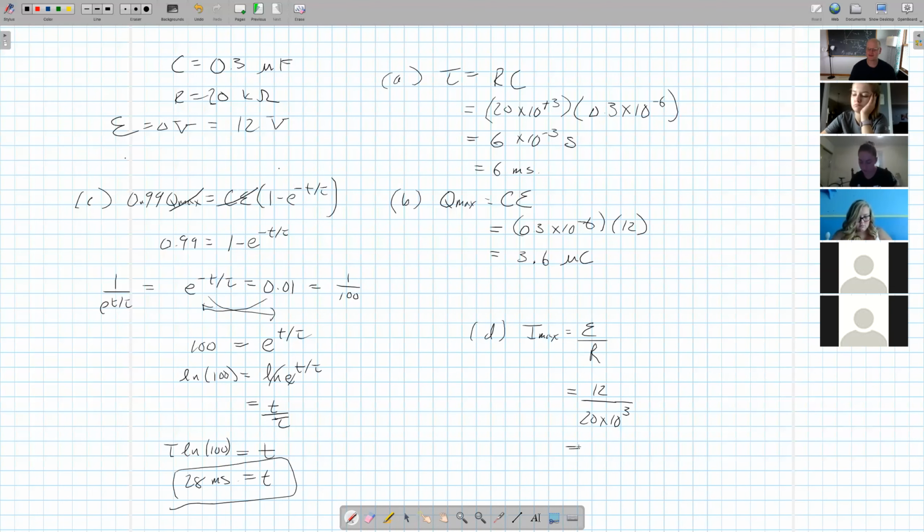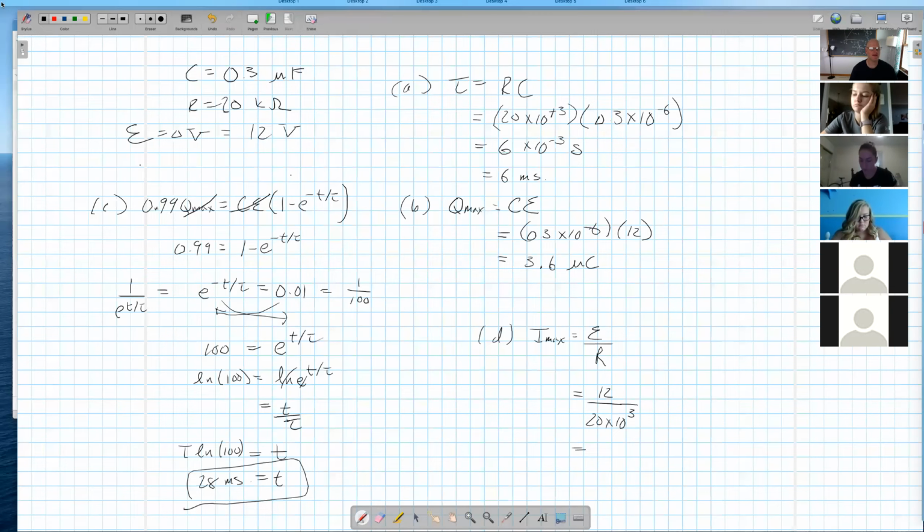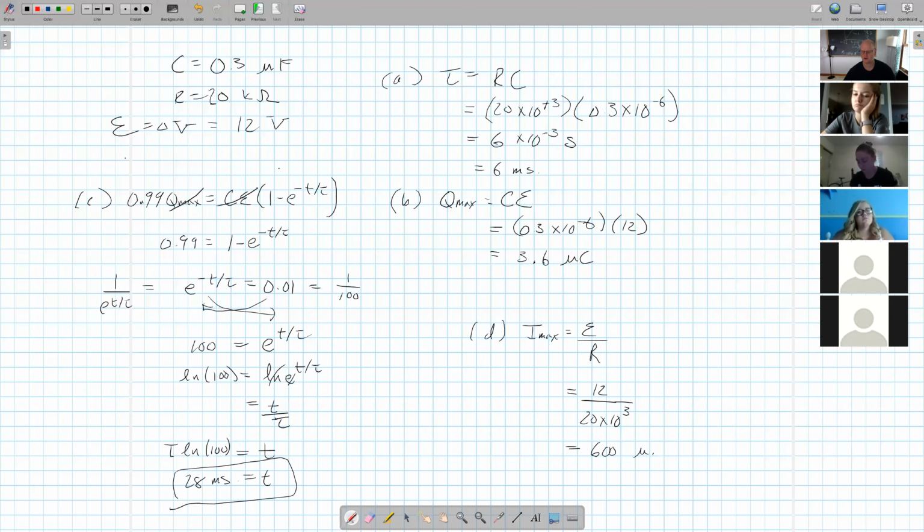So our maximum is then going to be about 600 microamps. Okay, or that's 0.6 milliamps, if you want to do it that way too. Whichever one's your favorite, doesn't matter. They're the same thing.